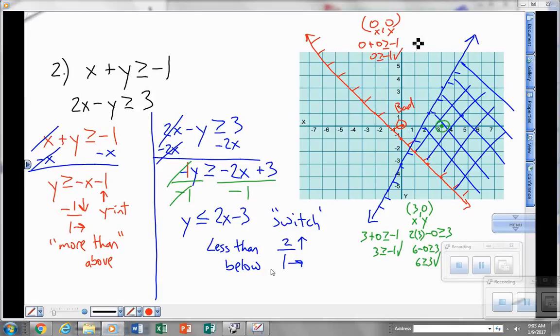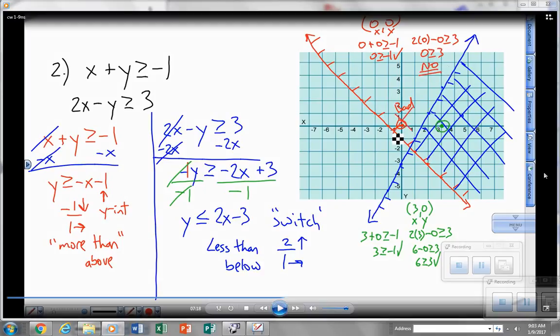But when I plug in 0, 0 into the other inequality, it doesn't work. It gives me a false statement because 0 is not more than 3. That is bad. So that shows you that when you do a check, it's got to be a point in the shaded area that will satisfy both. Any point outside the shaded areas will not satisfy the inequalities. All right, keep going.